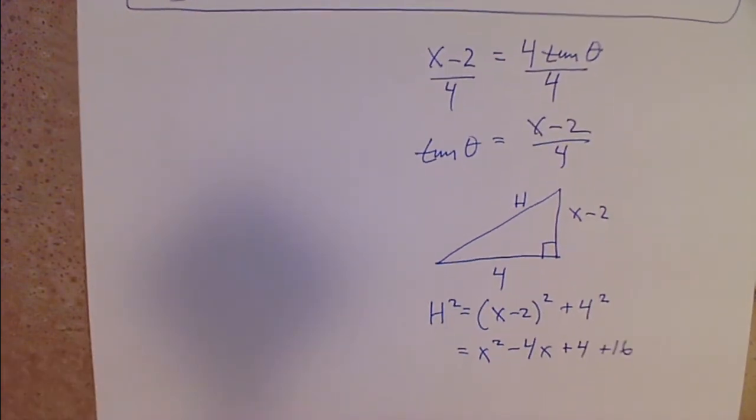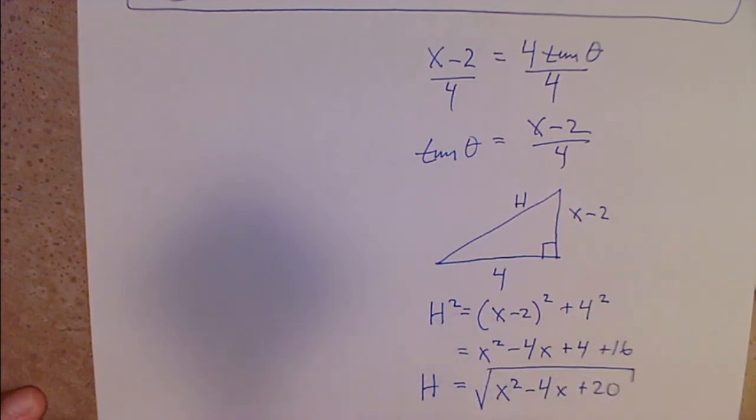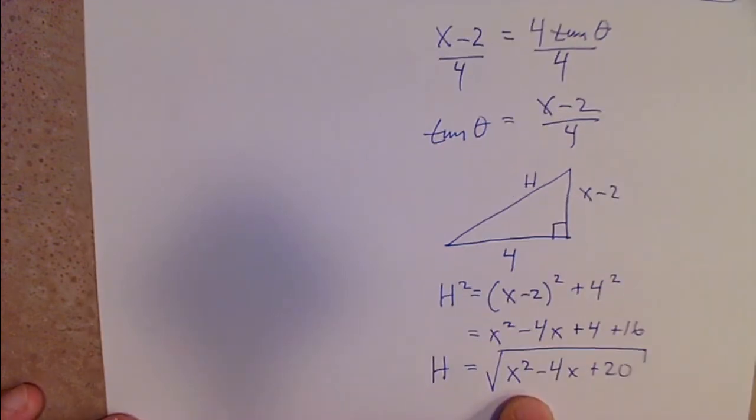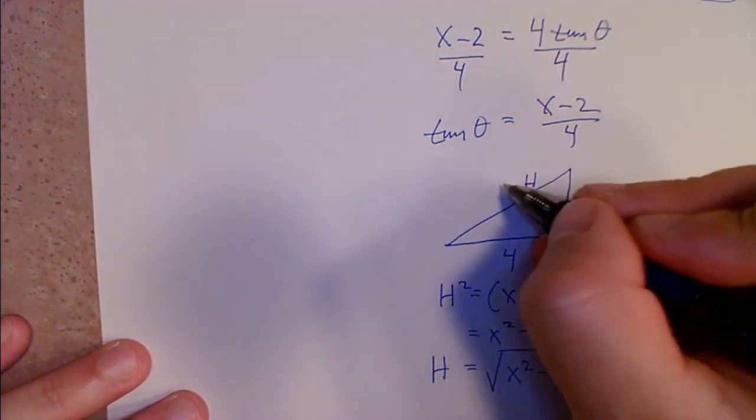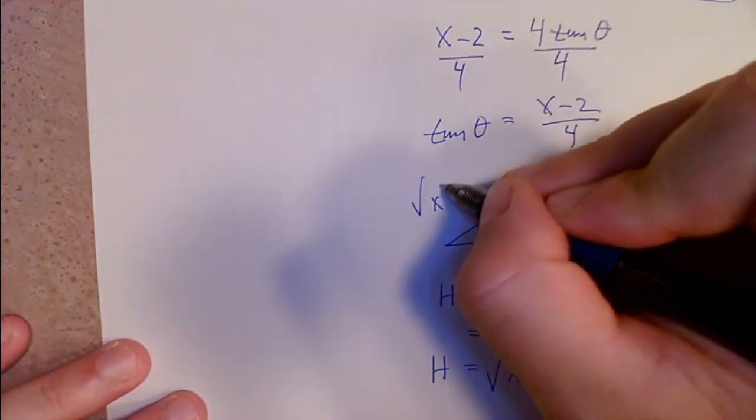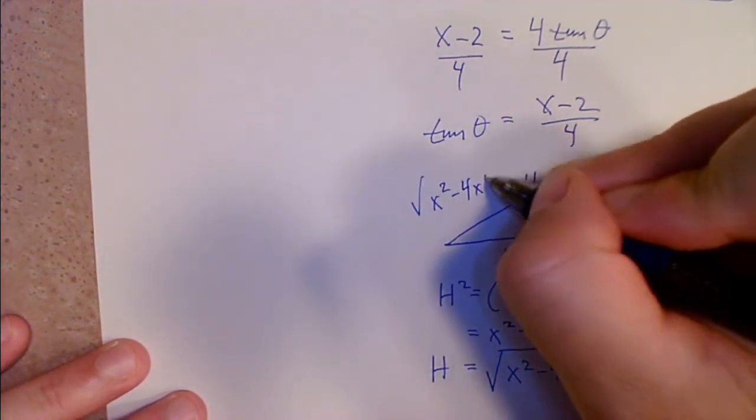Hey, that should look familiar. That had something to do with what we had to begin with in this problem, right? So h is equal to the square root of x squared minus 4x plus 20. Check out the original problem that we had. We integrated this thing multiplied by x. So that's my hypotenuse right there, the square root of x squared minus 4x plus 20.